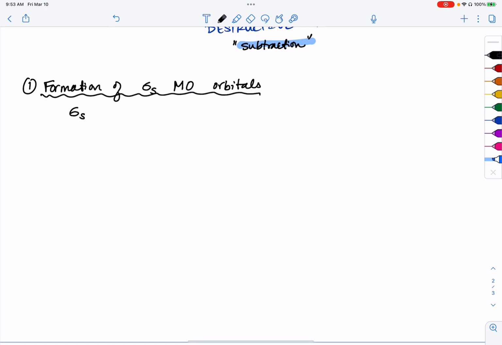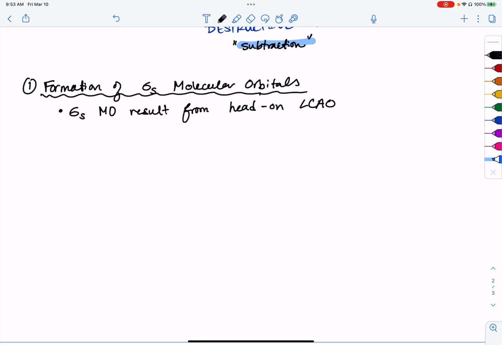So as you might be able to imagine, sigma sub s molecular orbitals result from the head-on linear combinations of atomic orbitals, specifically linear combinations of s atomic orbitals.